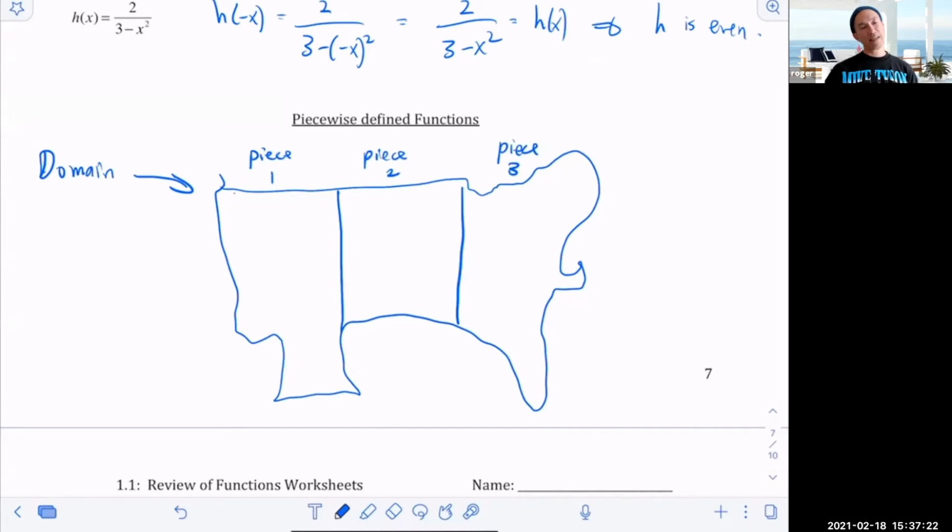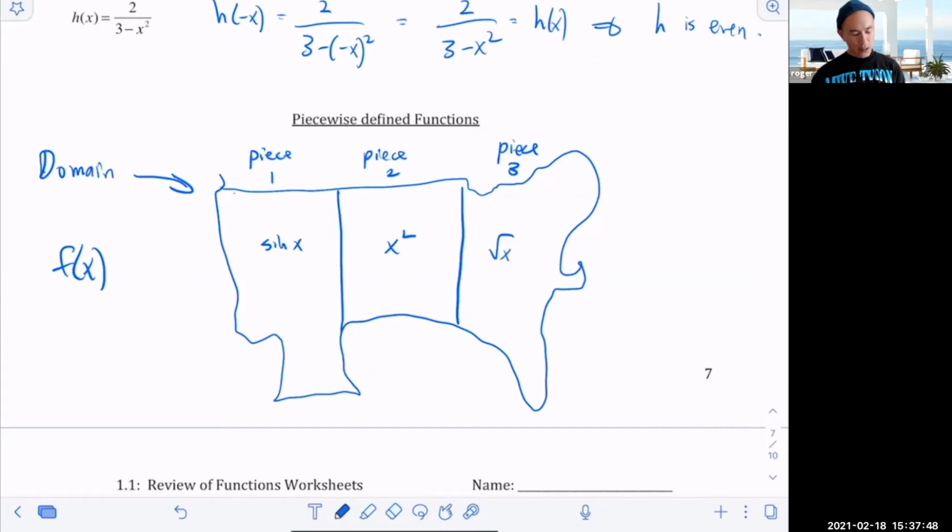And on each of the different pieces, we're going to take our function f of x and define it in different ways. If it's on piece 1, maybe it's sine of x. If it's on piece 2, maybe it's x squared. And if it's on piece 3, maybe it'll be square root of x.